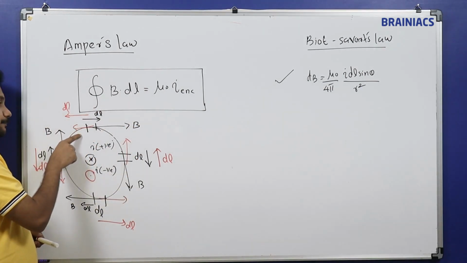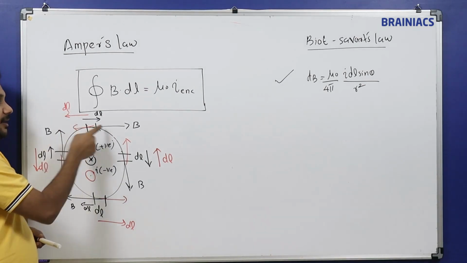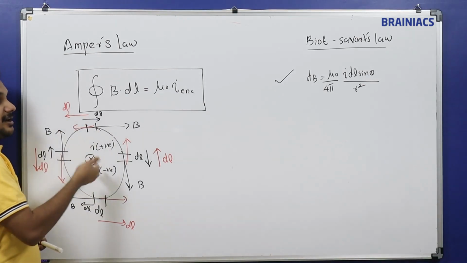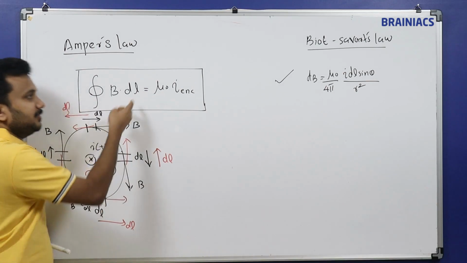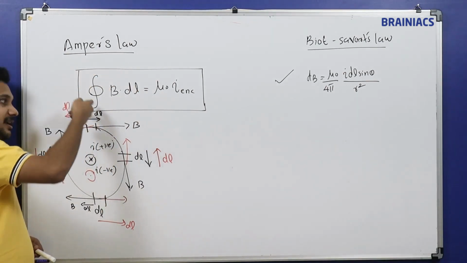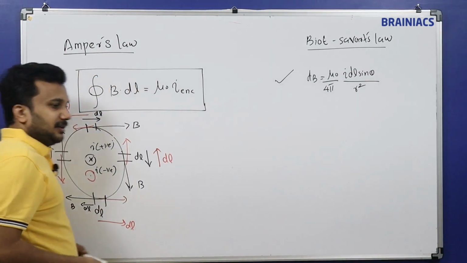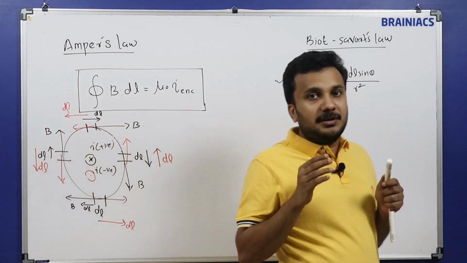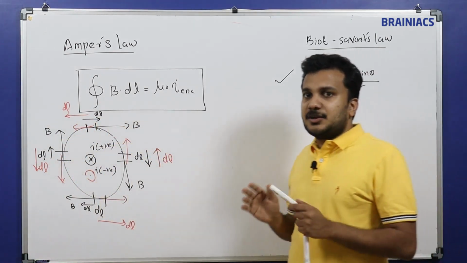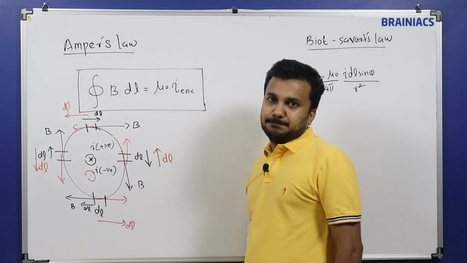If you see the red color line, the magnetic field is reversed because current is reversed. If current is reversed, dl will also reverse. So dl is reversed, and the magnetic field is also reversed. So the angle between B and dl is again equal to how much? 0 degree.